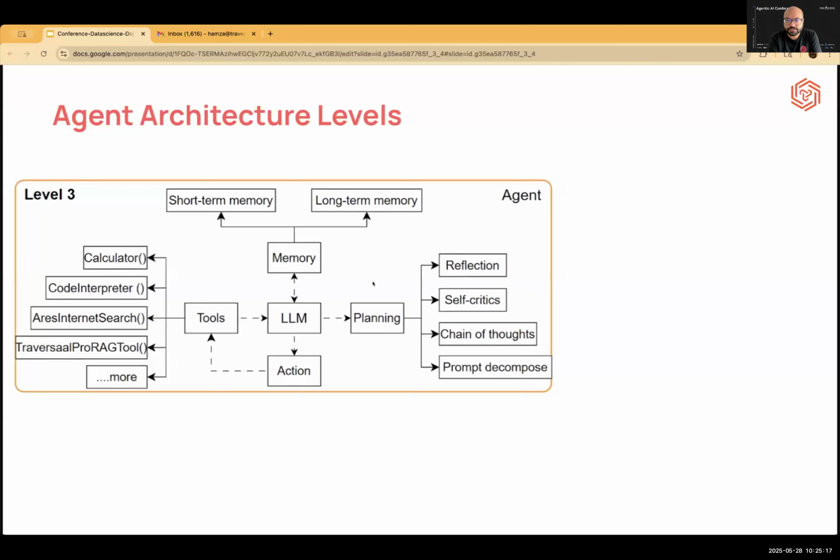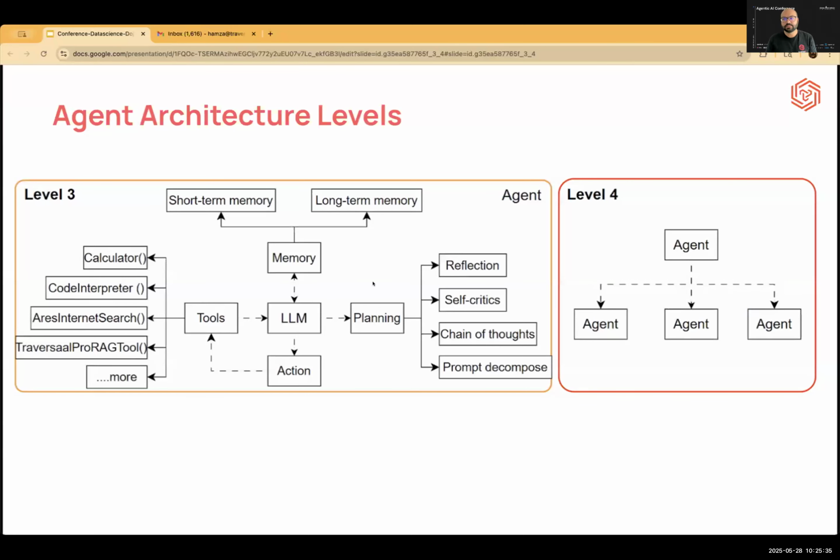That's the power behind the scenes of how you would use level 3 agent architectures, which understand what you have just said and react based on that plan in action.